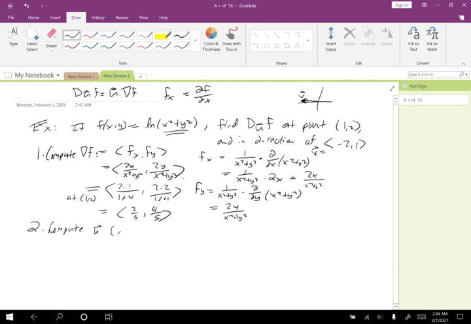Remember, this is the direction of v. So v divided by its length will give you the direction, because a vector is a magnitude times a direction.